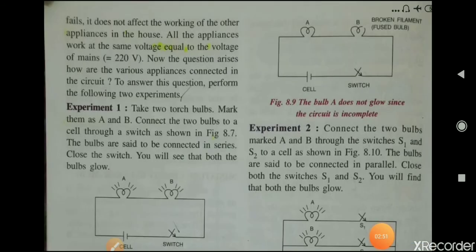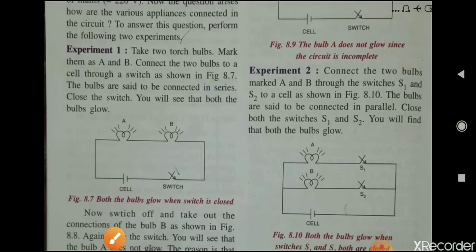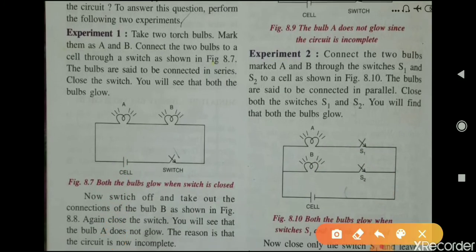And if one appliance gets damaged, it does not affect the working of the other appliances in the house. All the appliances work at the same voltage, equal to the voltage of mains. Now the question arises, how are these appliances connected in the circuit? To understand this, let's see this example, this experiment.